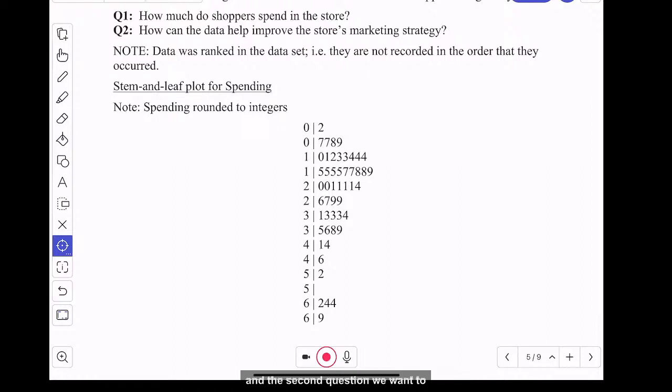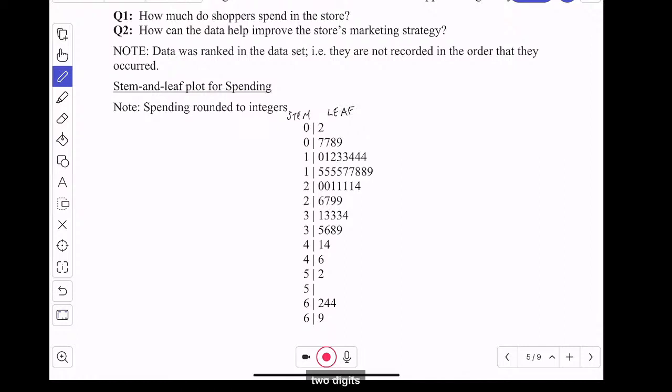The second question we want to answer is how can the data help improve the store's marketing strategy? So when we look at this data, are you okay with what I've put here? So the data here has been put with a stem and a leaf.